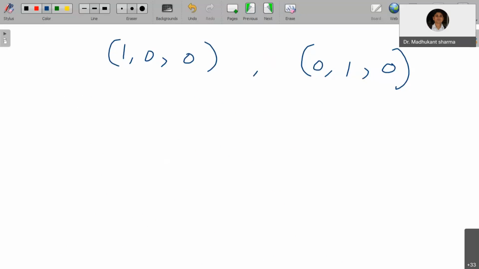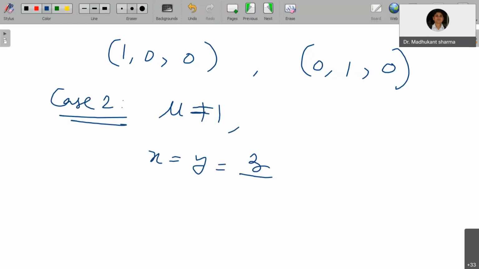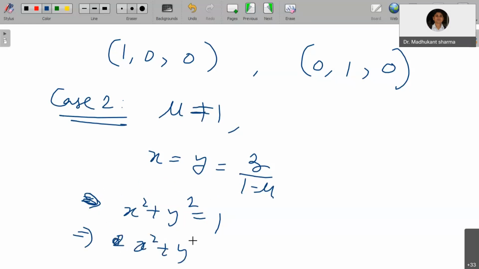Now case 2. Case 2 is mu is not equal to 1, meaning z is non-zero, obviously, and x equals y equals z divided by 1 minus mu. Now the equation says x square plus y square equals 1. Since y equals x, this gives x square plus x square equals 1, so 2x square equals 1.